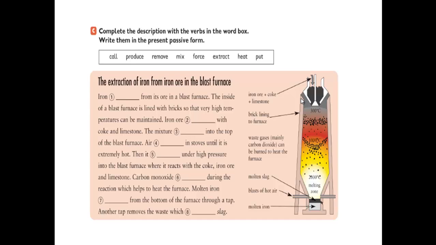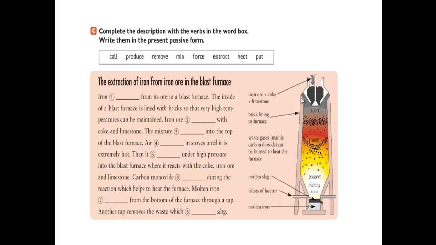The mixture is put into the top of the blast furnace. Air is heated in stoves until it's extremely hot. Then it's forced under high pressure into the blast furnace where it reacts with the coke, iron ore and limestone.